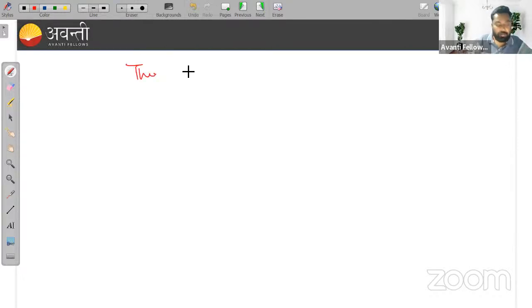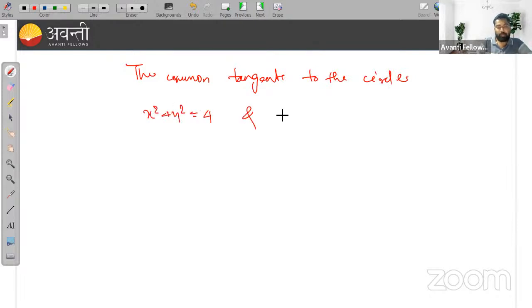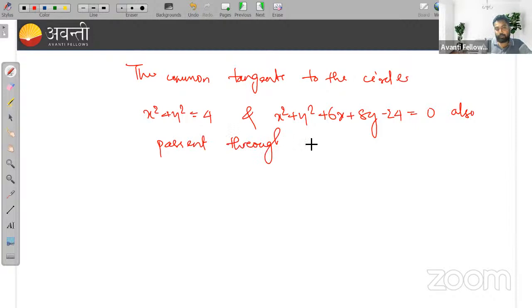The common tangent to the circles x square plus y square is equal to 4 and x square plus y square plus 6x plus 8y minus 24 is equal to 0 also passes through the point. We have to find the point.